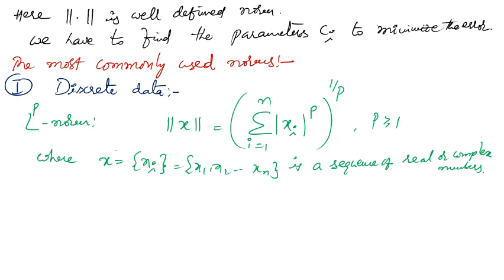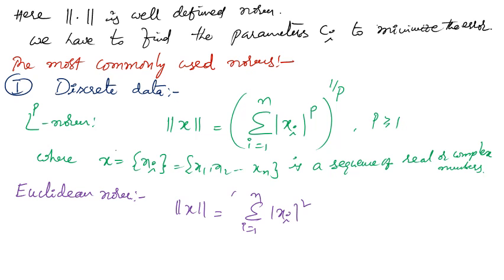And the next one is the Euclidean norm. What is its definition? Norm x equal to summation i equal to 1 to n, mod xi square, and whole power 1 by 2. What is the p value here?